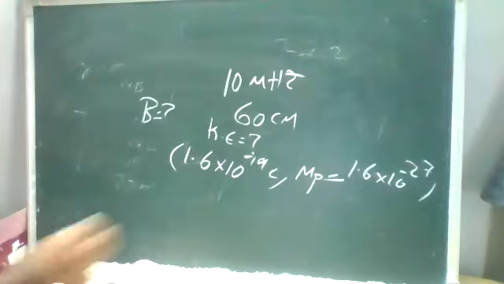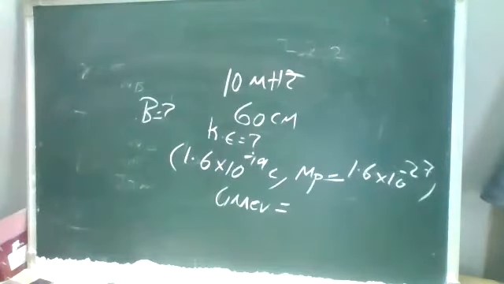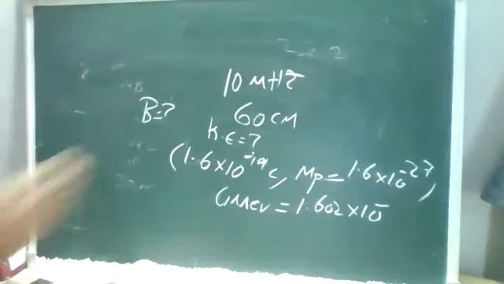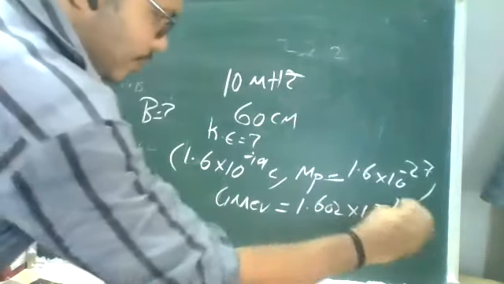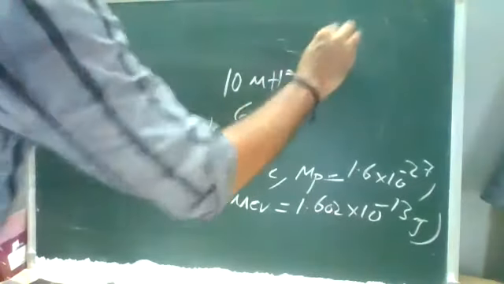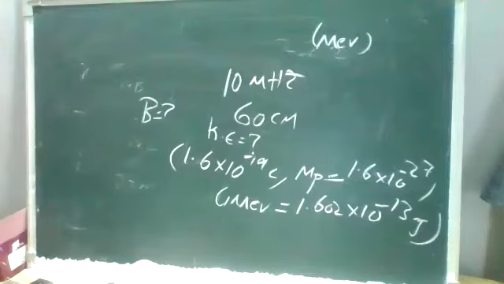And they have given 1 MeV, that is, 1 electron volt is equal to 1.602 into 10 power minus 13 joules. Whatever kinetic energy we find, we have to give in the form of MeV, mega electron volts.